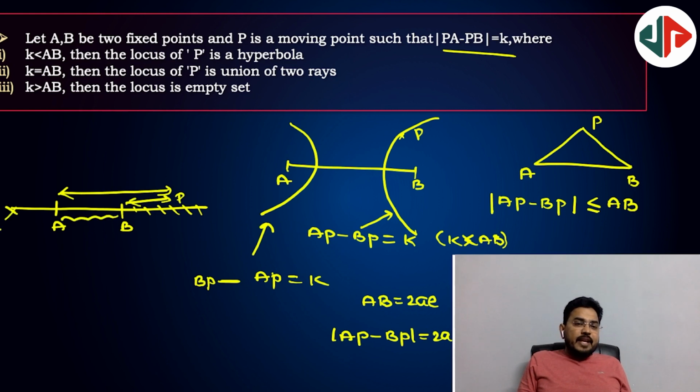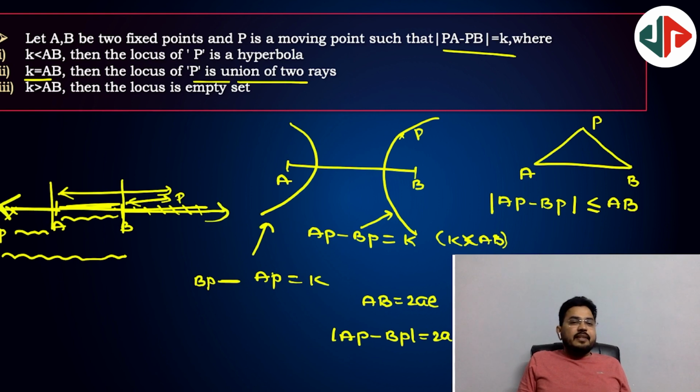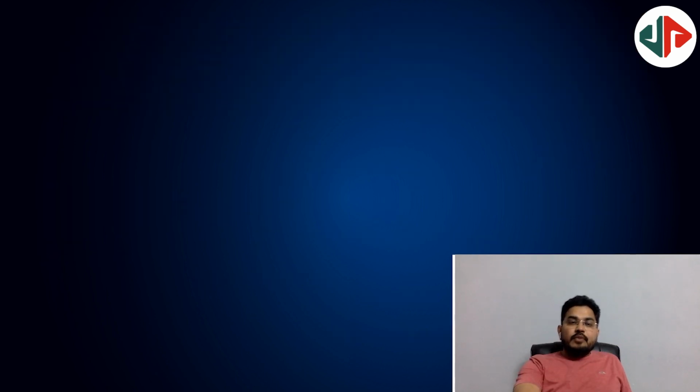Or if I take P here, BP minus AP is equal to 2A. So where K is equal to AB, it is a union of two rays, one ray on this side and another ray on this side. And for K greater than AB, we don't have any solution set. Here again, why these two happen and the last one does not is because of the triangular inequality. Moving to the next one.